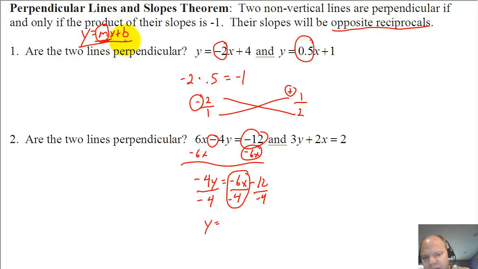If I have a -6 over a -4, the negatives are going to cancel out, and 6 and 4 can be simplified to the fraction 3 over 2 times x. Then -12 over a -4 is going to give me a +3. So I have this now in slope-intercept form.